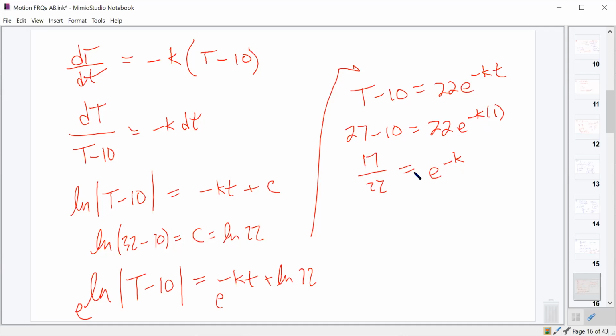And if we want to find the value of k, which is what it's asking us to find, effectively, we take the natural log of both sides of this and get natural log of 17/22 equals negative k, or k is negative ln 17/22, which is, what does that come out to be approximately?